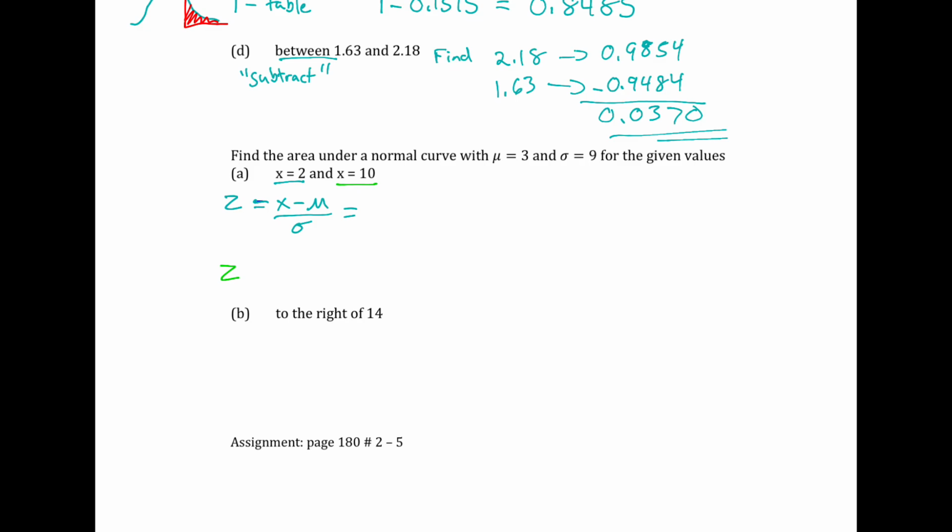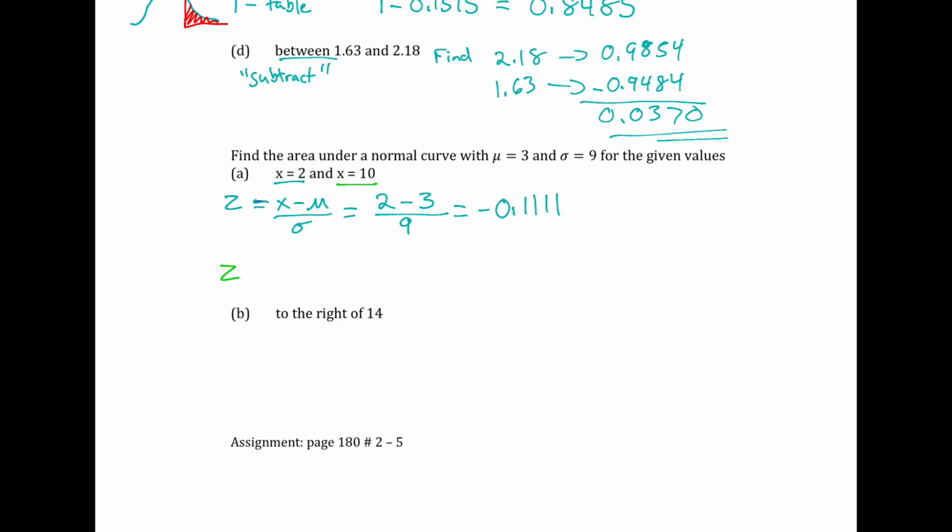And for the first number, x is 2. The mu is 3 and the standard deviation is 9. So the first step in the math is to just get this number first. I get 2, subtract 3 over 9. Now this turns out to be negative 0.1111.